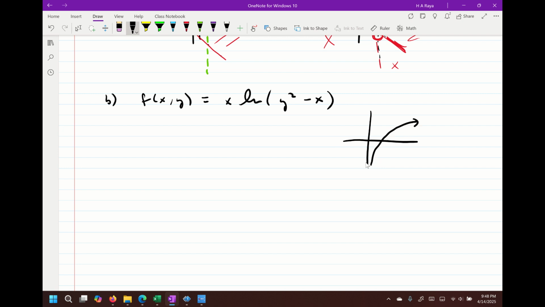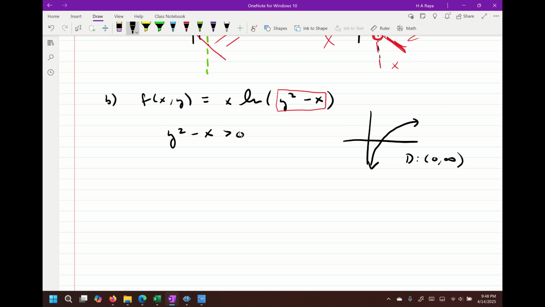Your natural log function looks like this, where its domain is everything from 0 off to infinity. So whenever you're working with a natural log function, your domain is only the positive numbers. So the things that can go into this natural log have to be specifically greater than 0. Not equal to 0 anymore, like when we had with the square root.